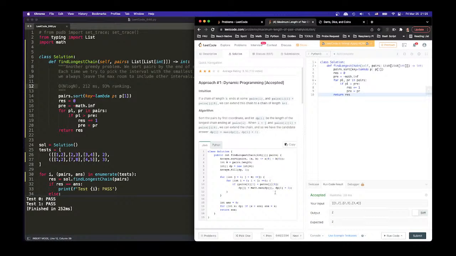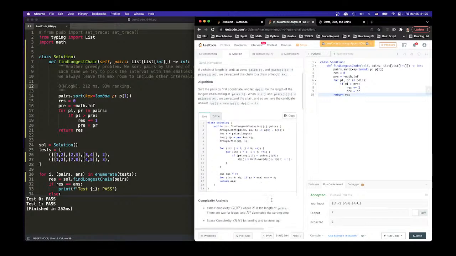So basically it's dp[j] plus 1, the maximum dp[j]. Oh yeah, it should be maximum dp[j]. So we just find a max and find a max. Yeah, that's O(n) squared.